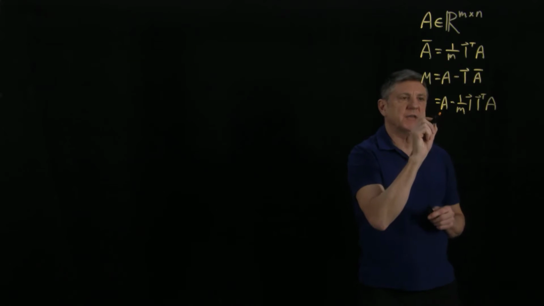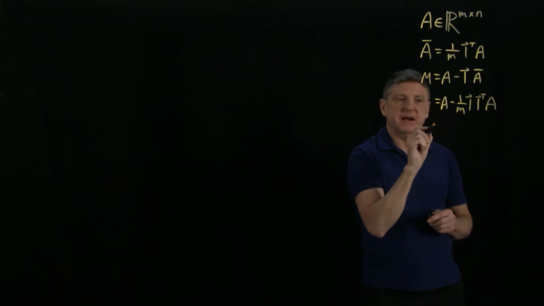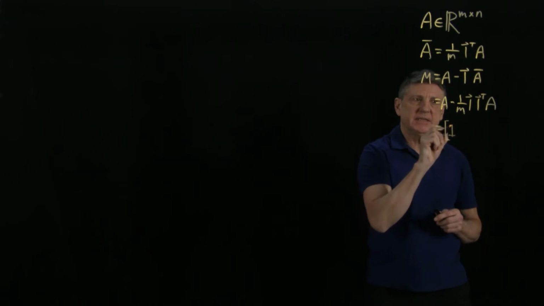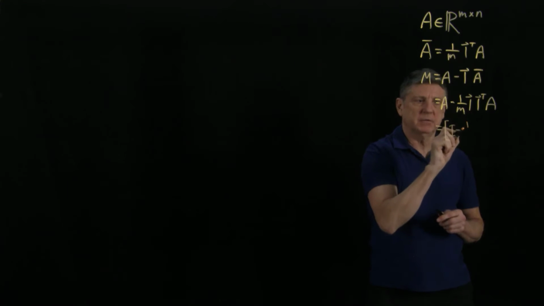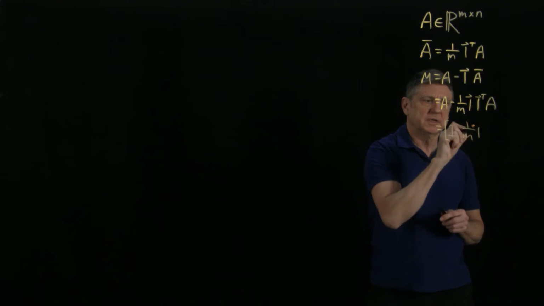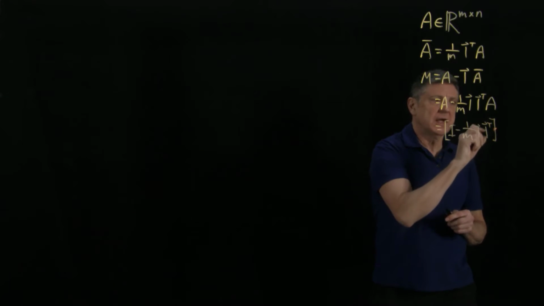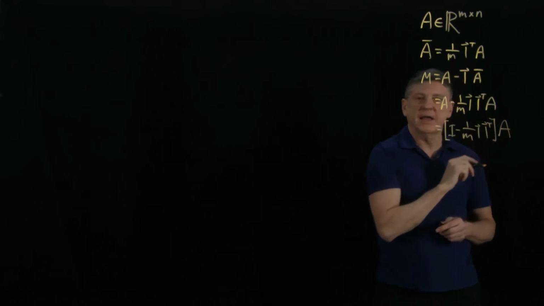And I can now say, oh, well, that I can factor as that would be the identity matrix minus this amount, minus 1 over m times the ones vector times the ones vector transposed, and multiplied by our A.